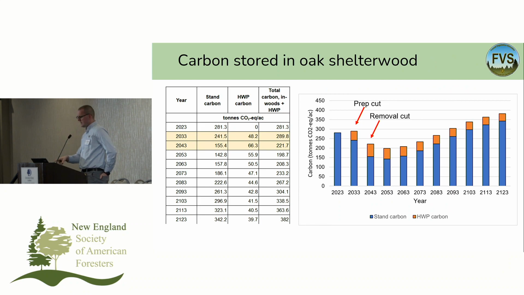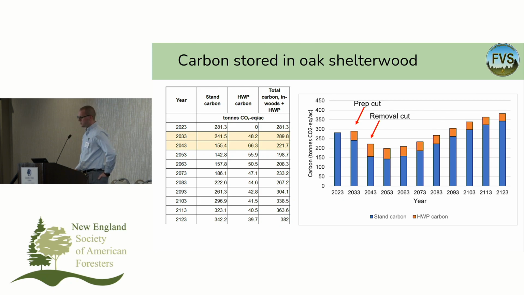So here's what comes out. In the table, I'm showing every 10 years how much of that carbon is in the stand, and how much is in harvested wood products. In the graph on the right, we're looking at the carbon in tons of CO2 equivalent per acre.